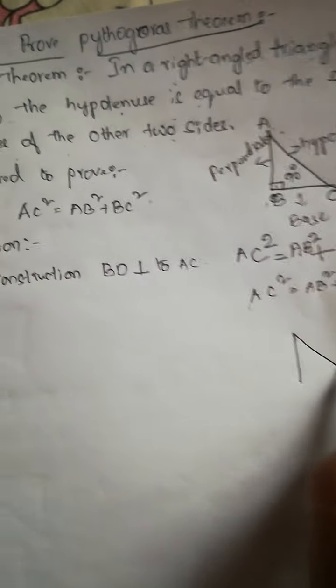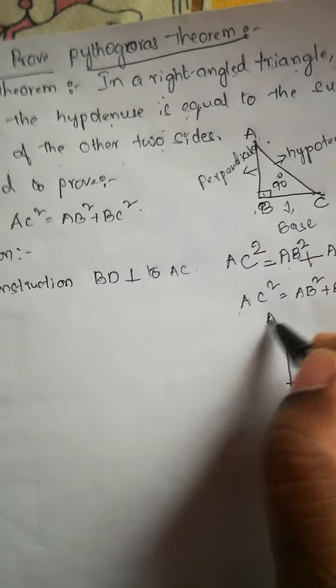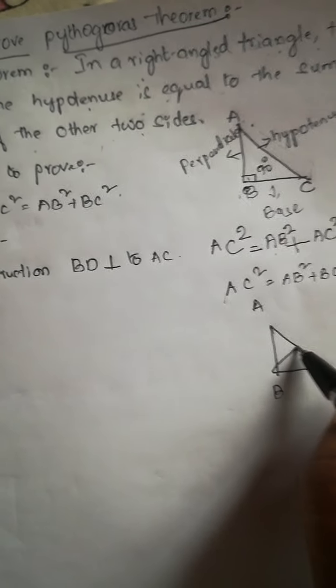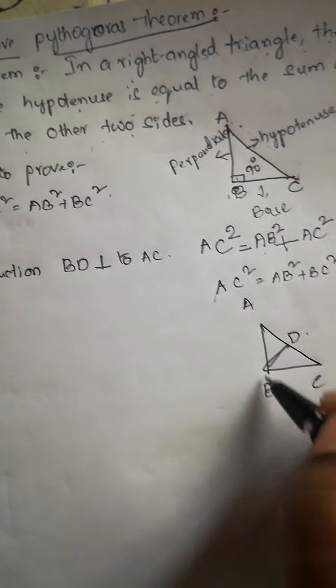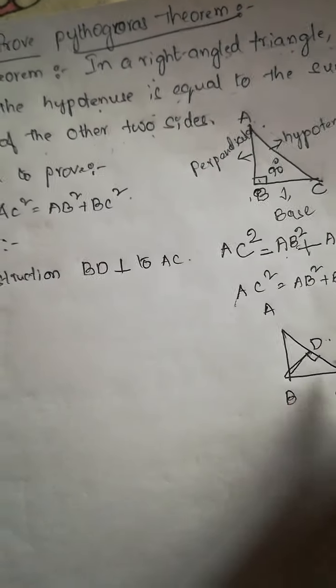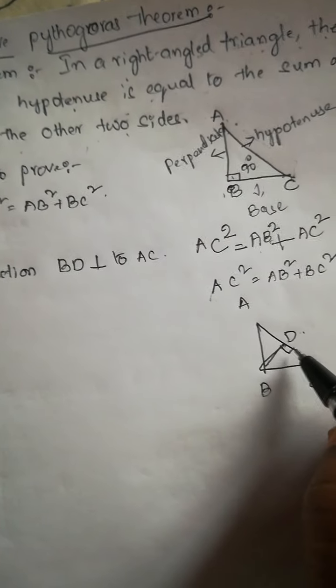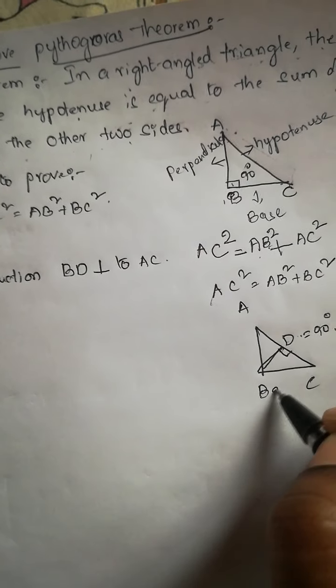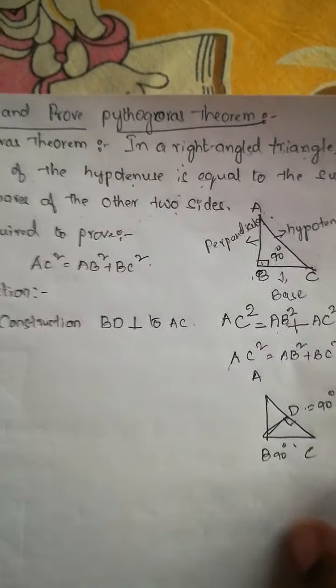Means A, B, C, a straight line BD, which is nothing but perpendicular to this line. Here angle D is equal to 90 degrees. Angle B is equal to 90 degrees.